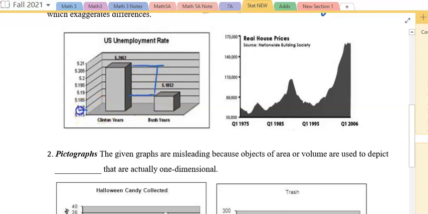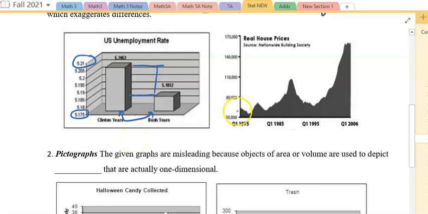Except you'll notice they're starting at 5.175 and 5.21, which is not that much of a difference. Those are very close. If they started at 0, you would notice that those two are almost equal.